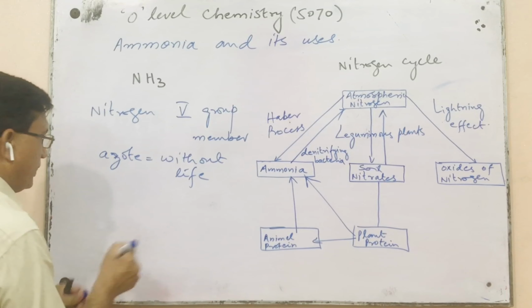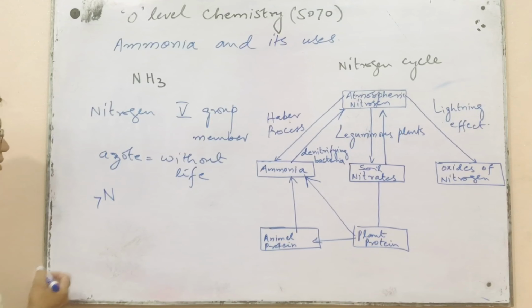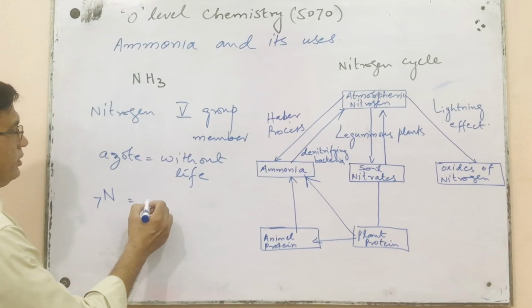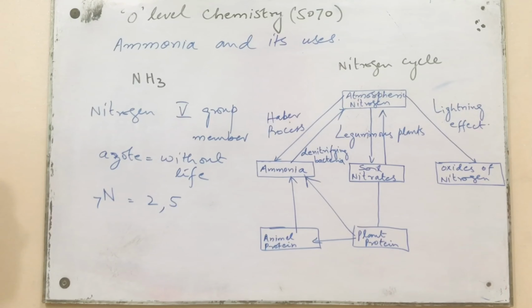We know that nitrogen has proton number 7 with 2, 5 electronic configuration.